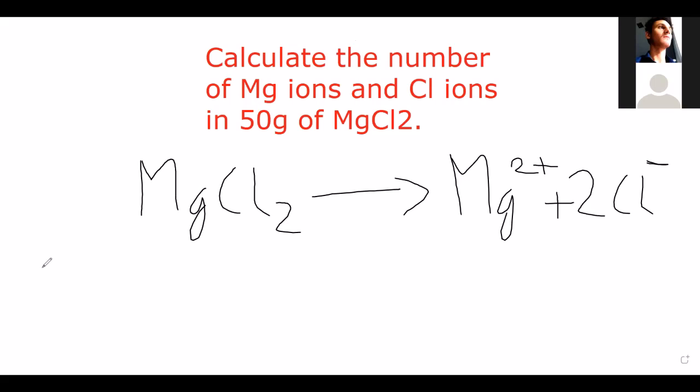Now the moles of magnesium chloride over here will be 50 upon the Mr. Mr is 24 plus 2 times 35.5.